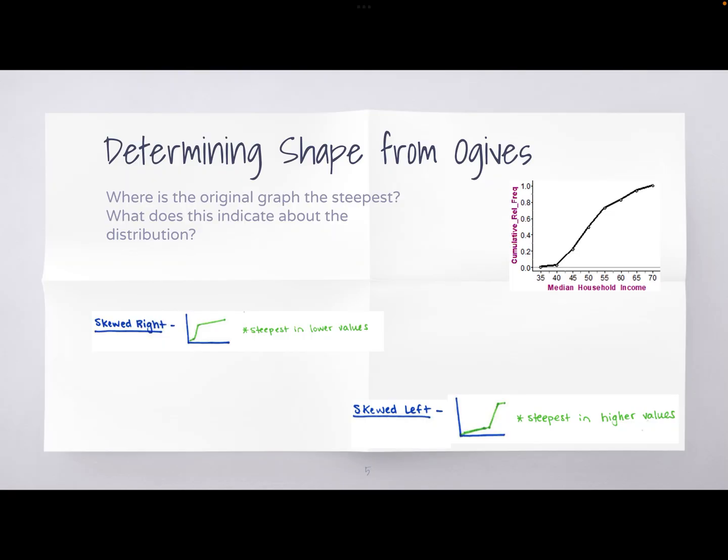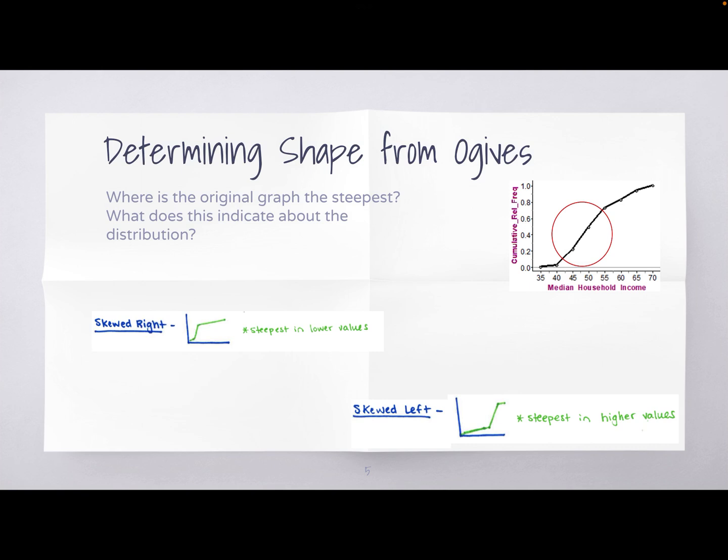Okay, let's talk about the shape from the ogive. We're going to look at the steepness. Skewed right is where your steepest values are in the lower values. It says, where is the original graph the steepest? Let's go ahead and circle that.